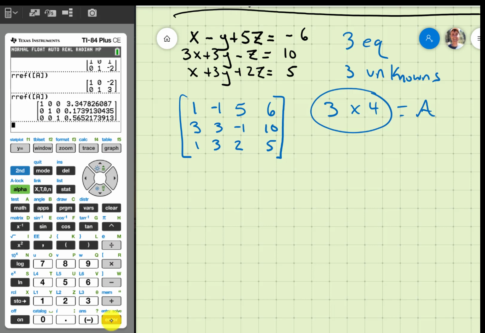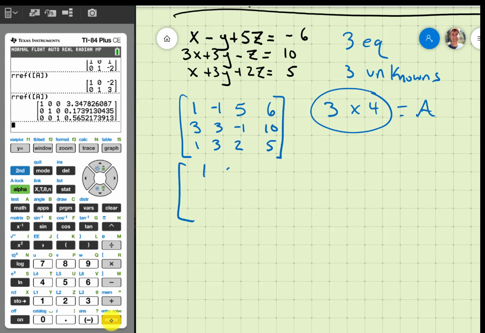And so it was supposed to have nice answers, but I must have wrote it down wrong or typed something in wrong. But let's just call it this for a moment. What does that mean? I got some bad decimal answers, so I'm just going to have to round off.